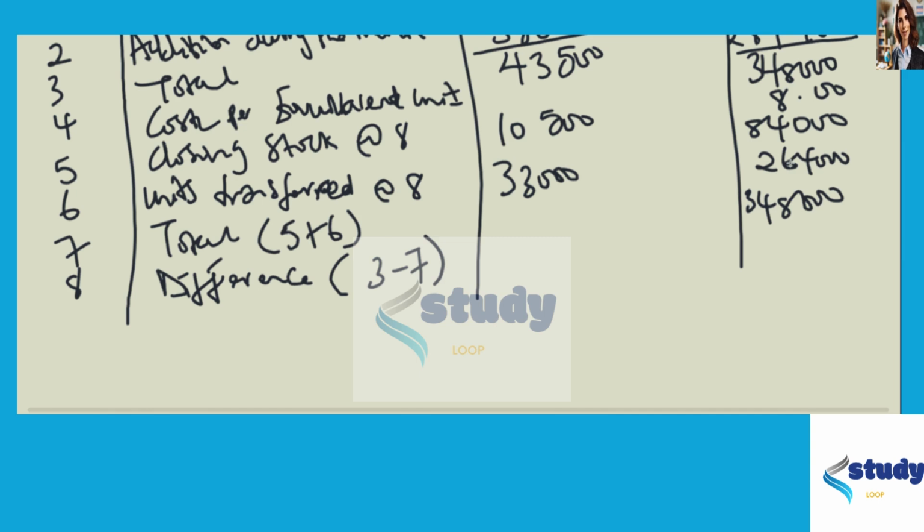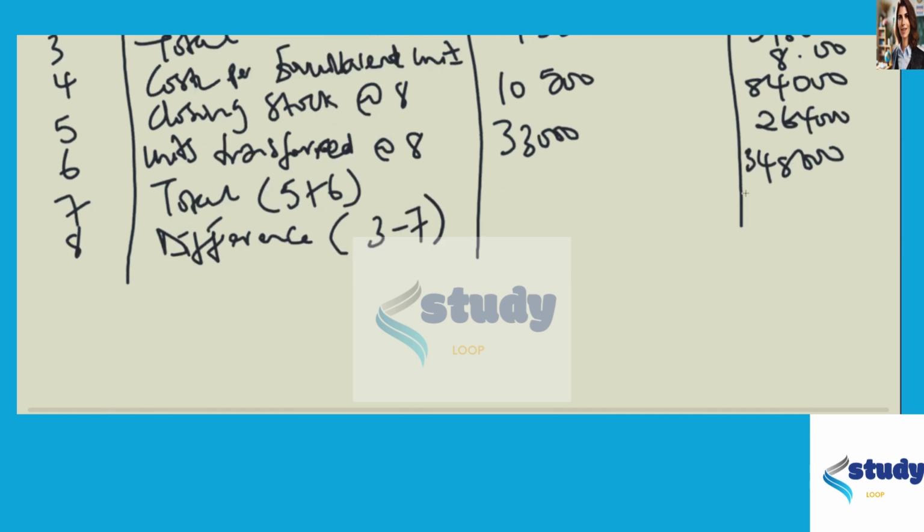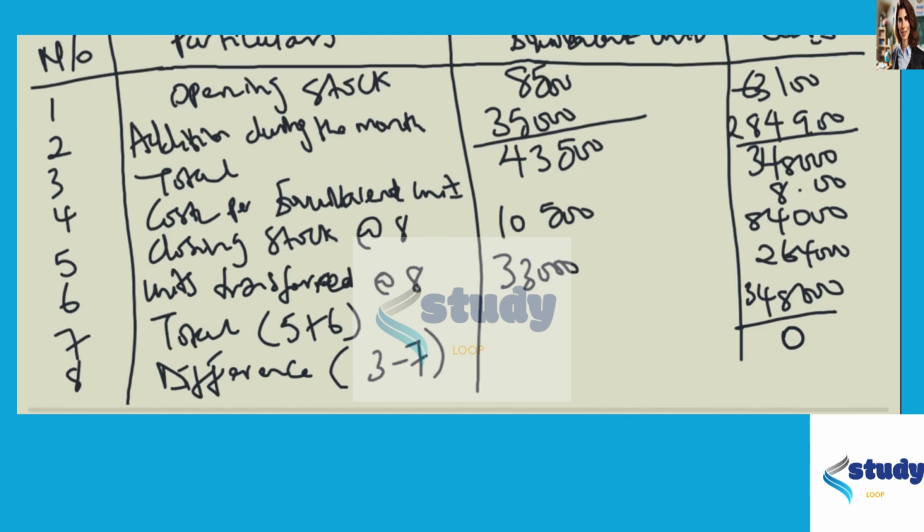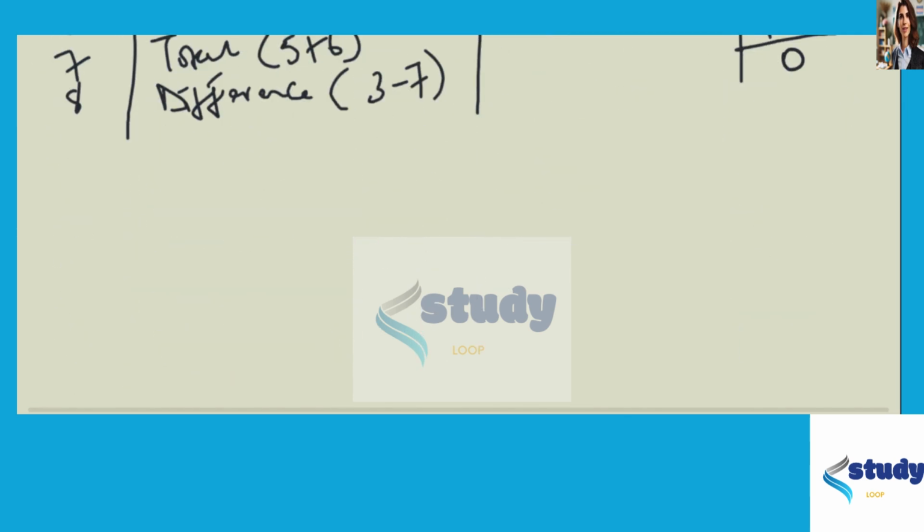And you can see that if you go down, it is 0. So this is how the equivalent units for direct material table should look.